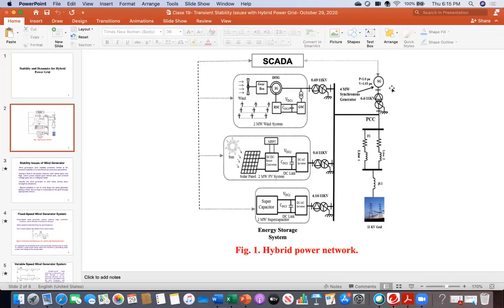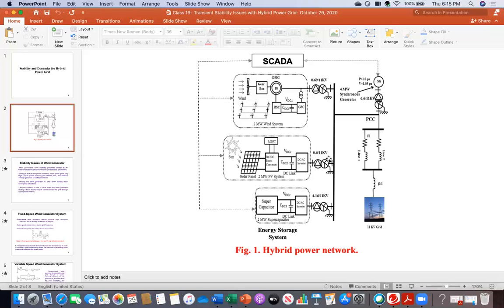But of course, you have noticed that a synchronous generator is typically connected at the transmission level. Accordingly, these renewable sources can be connected at the transmission level as well, when they have a very high rating, at least more than 100 megawatt, typically 200 and 300.